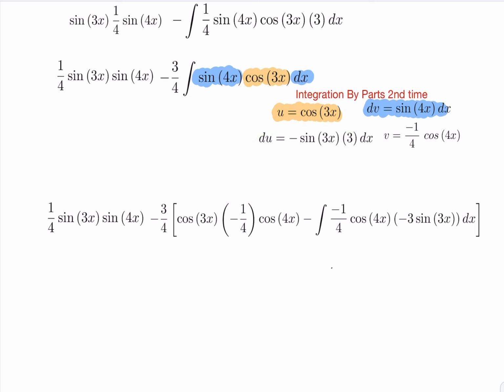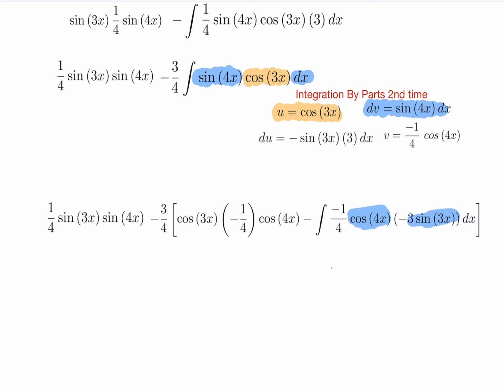So again, I've done integration by parts twice, but now what we've gotten here is the integral that I'm interested in evaluating now is the cos of 4x sine of 3x. And again, to remind you, I can take this negative 1/4 and this minus 3 and take that out of there. And that is exactly the integral we started off with in our original question.